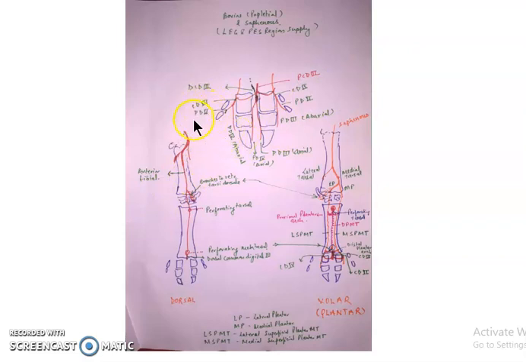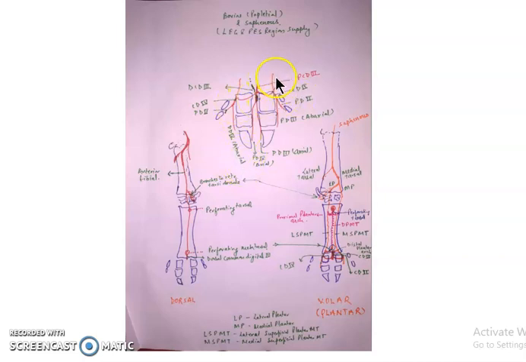This is proper digital 5, right? Proper digital 5 will be supplying the lateral dew claw, and the proper digital 4 will be supplying the abaxial surface of the fourth digit.